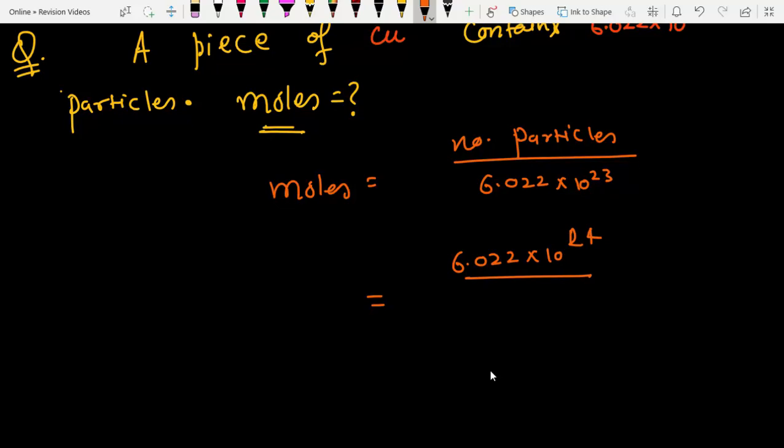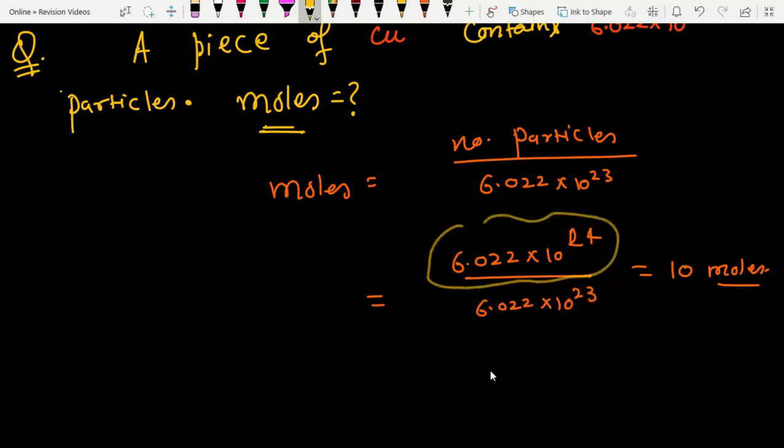And Avogadro number is 6.022 into 10 to the power 23. So this is basically 10. So there will be 10 moles of copper atoms in this many copper atoms, right? So based on the number of particles, you can also calculate the number of moles.